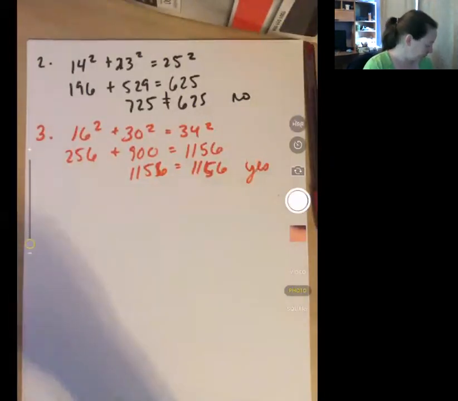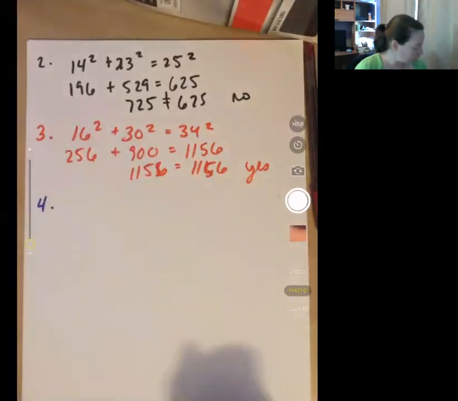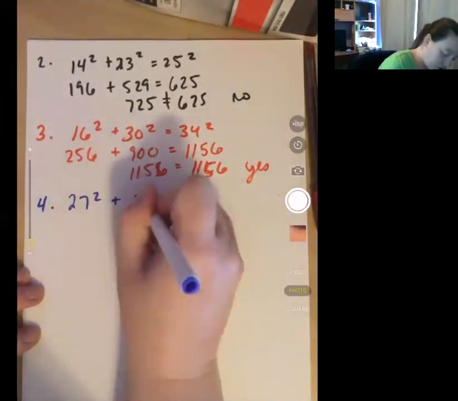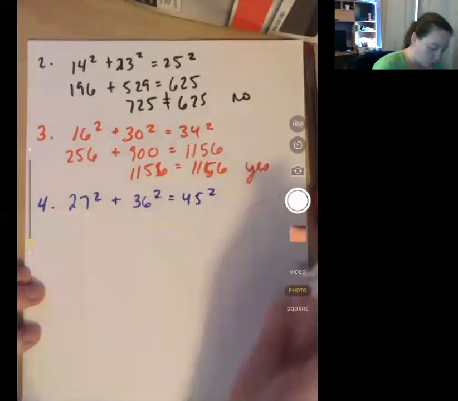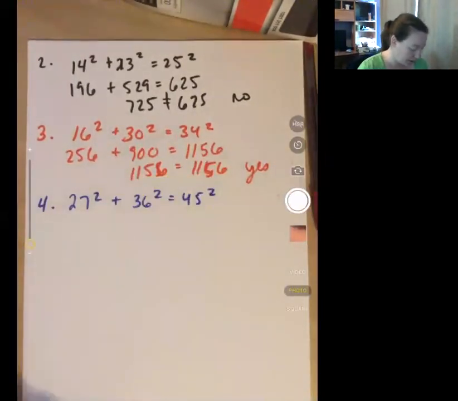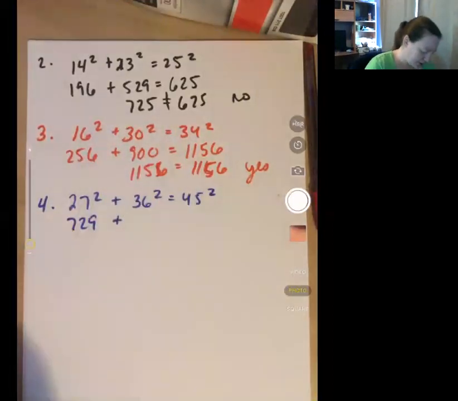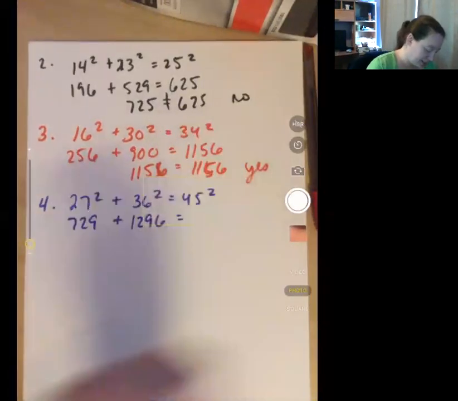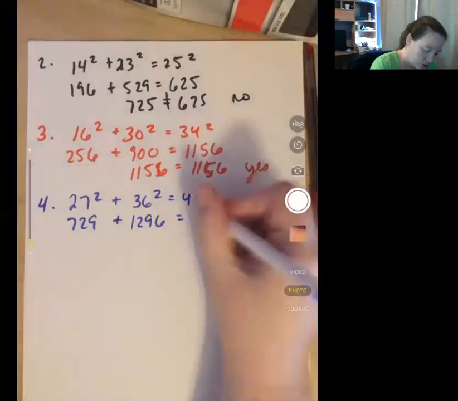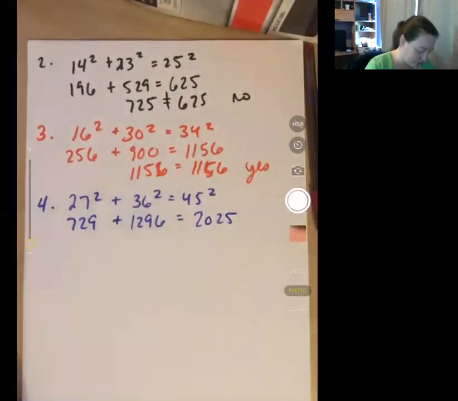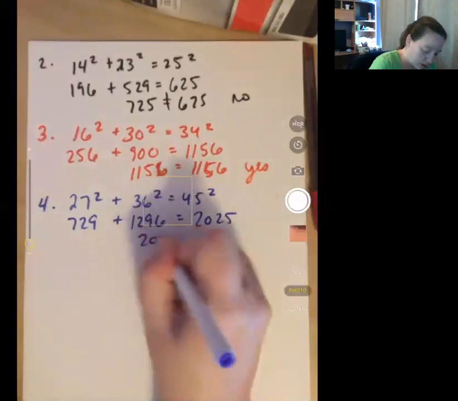Number 4. 27, 36, 45. Dude, they're putting everything in order for us, aren't they? 27 squared plus 36 squared is equal to 45 squared. 27 squared is 729 plus 36 squared, which is 1,296, is equal to 45 squared, which is 2,025. 729 plus 1,296 is equal to 2,025.